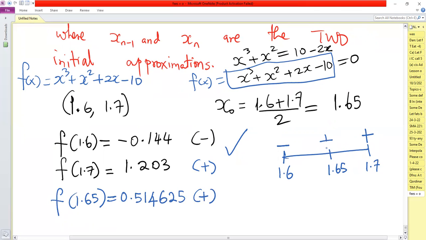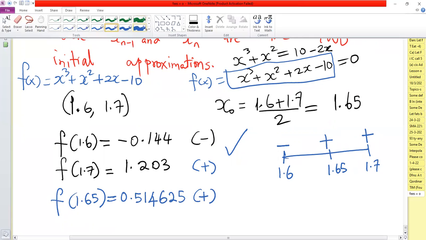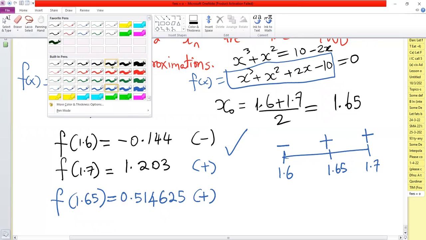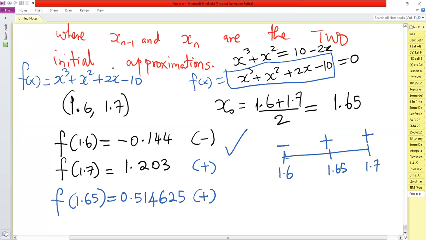So this is plus. Now in these two subintervals, to know where the solution lies, we simply pick the interval where the values of the function at the end points have opposite signs. The root cannot be between 1.65 and 1.7 because the values of the function at those two end points are both positive.